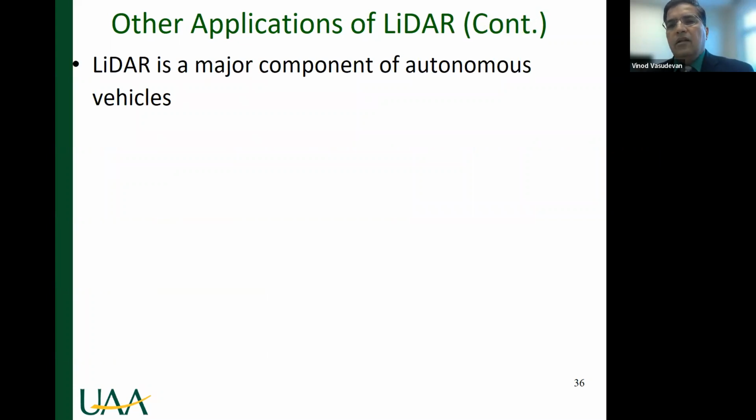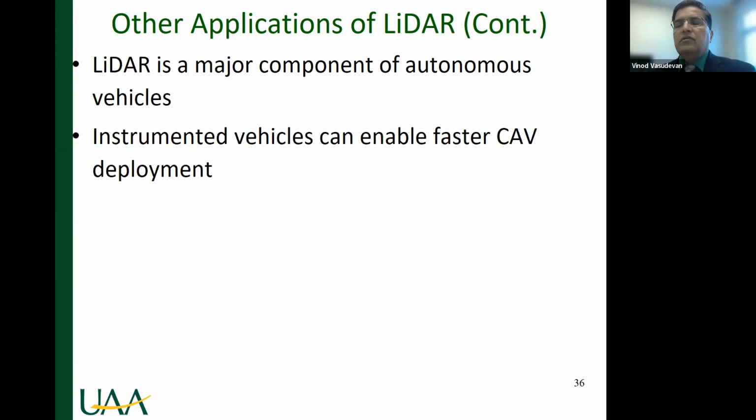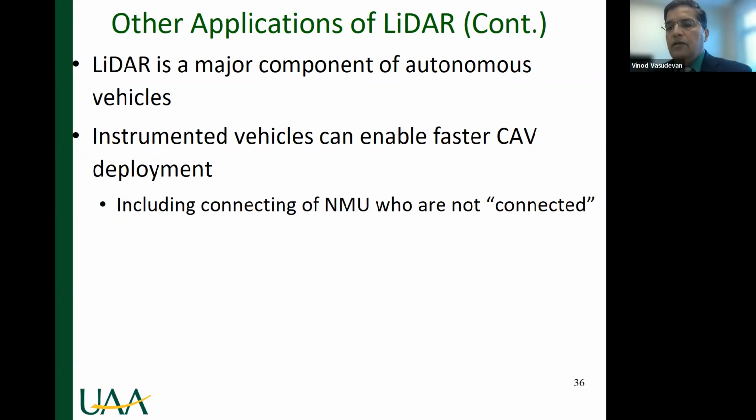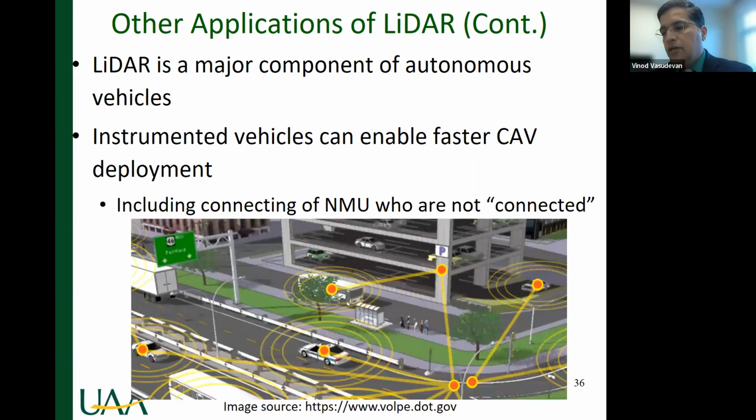We can also use LiDAR for faster connected and automated vehicle deployment, by having an instrumented vehicle capture data of the traffic stream, such as connecting non-motorized users to make them connected.